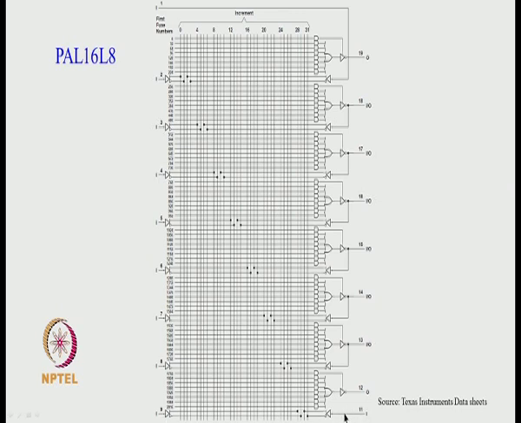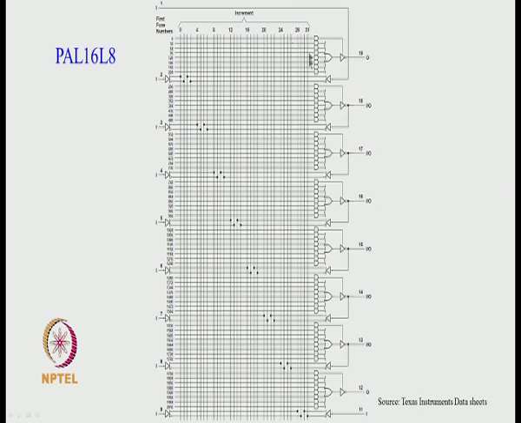So there are 10 dedicated inputs, from 0 to 19, which is 10 inputs and their complements. Maybe some connections are not clearly visible, but I am just telling the number of lines: 20 lines are for 10 dedicated inputs and their complements. Now take one of the AND gates here. It has connections to all the inputs, with programmability at each junction.